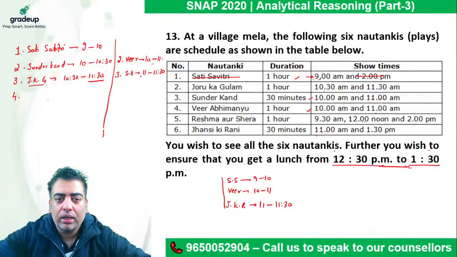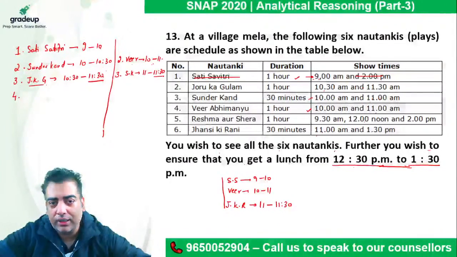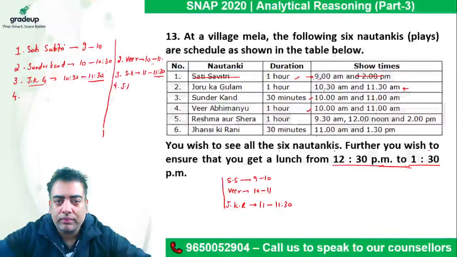So 11:30 there is no other show. All right. So if I consider this case again, I am free at 11:30. Right, and at 11:30 I can definitely watch Joru Ka Gulam. And it has a total of 1 hour duration. So I will be free at 12:30, which sounds pretty good because I want to take lunch break from 12:30 to 1:30.